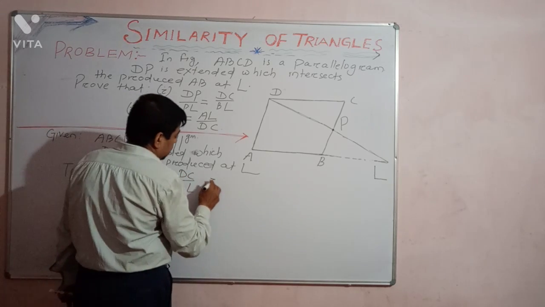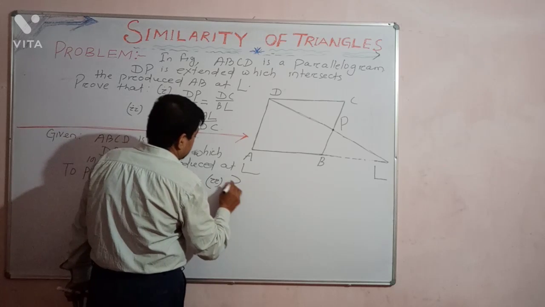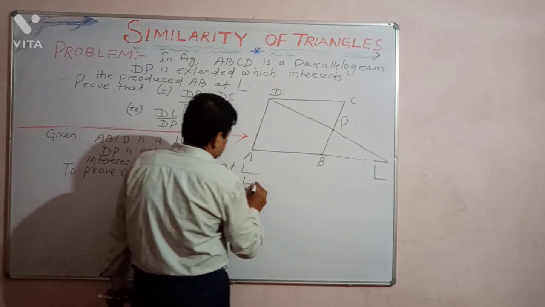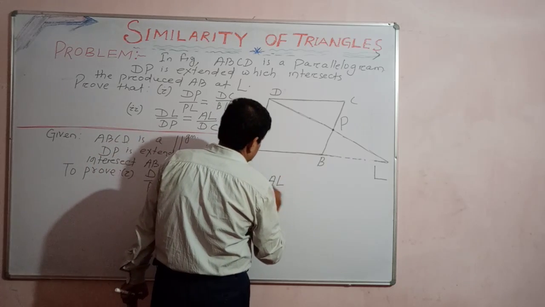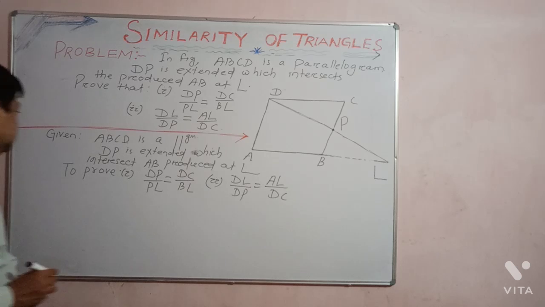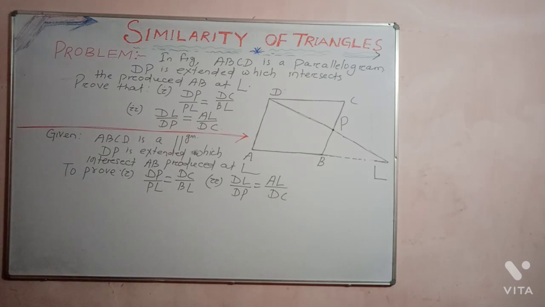And second bit, we have to prove that DL by DP is equal to AL upon DC. Is it clear? Okay, let us prove.